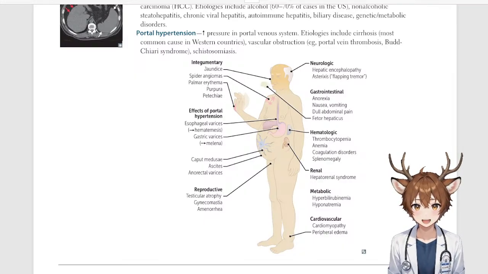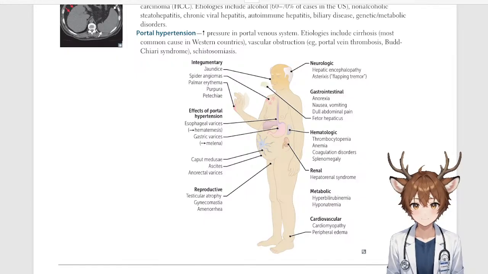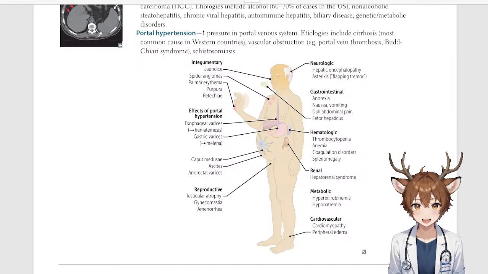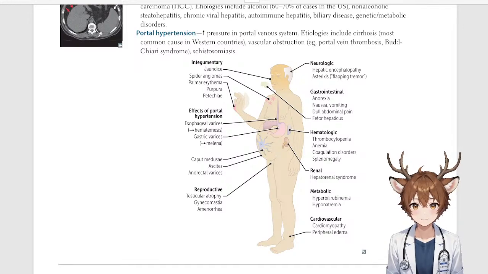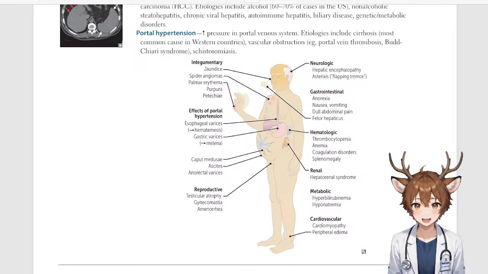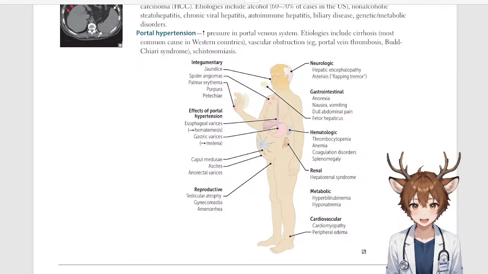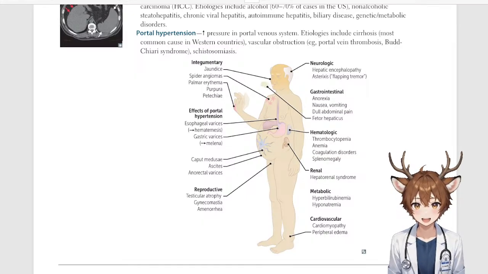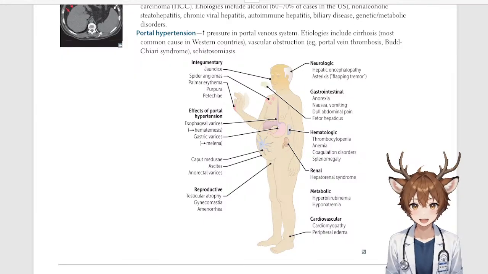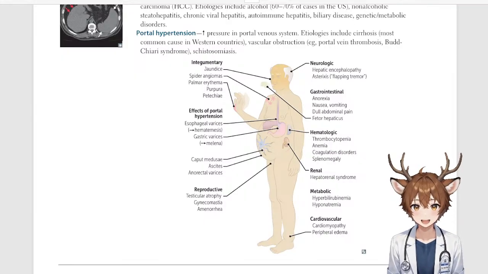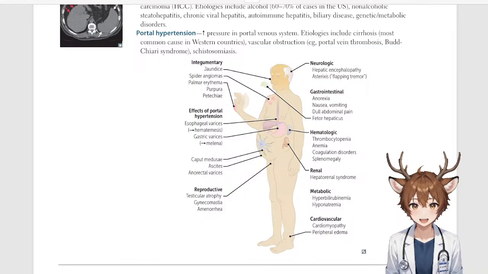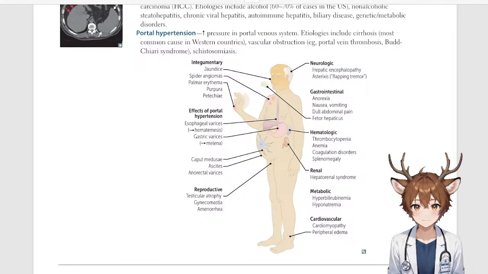The vascular effects include caput medusae, the Medusa's head presentation with a little snake basically crawling across the abdomen, anorectal varices, ascites, and spontaneous bacterial peritonitis. Reproductive would be testicular atrophy, gynecomastia, and amenorrhea. Those, and also spider angiomas and palmar erythema, are caused by elevated estrogen as a consequence of this condition.